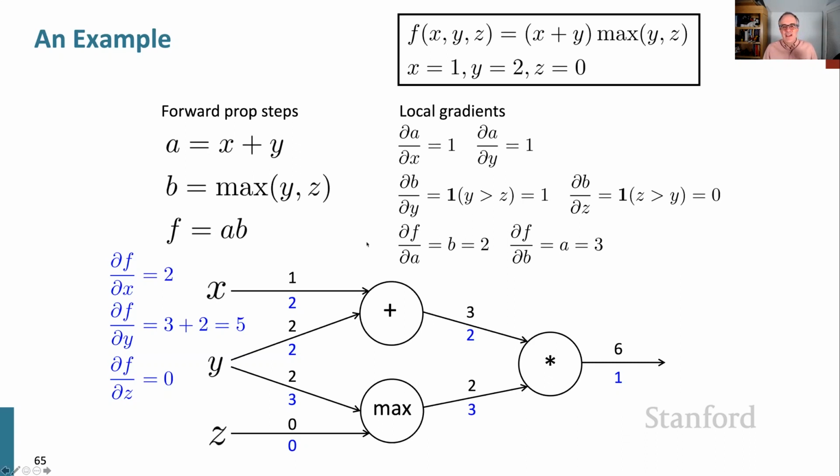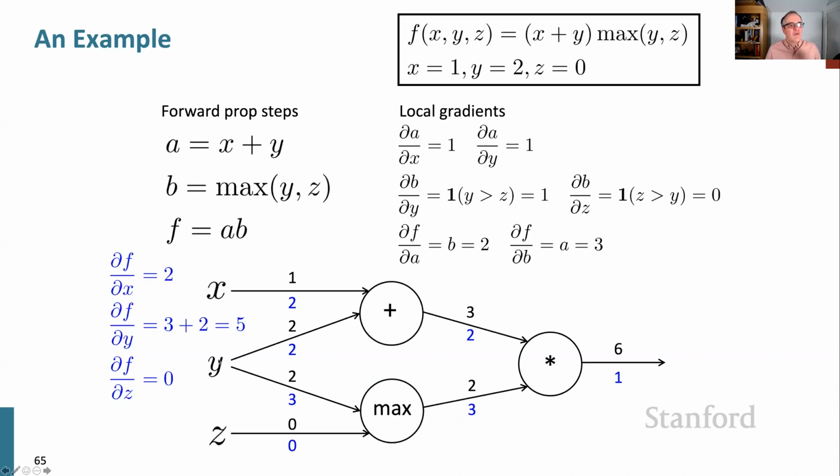If we make x 1.1, the max here is 2, and we get 1.1 plus 2 is 3.1. So we get 3.1 times 2, so that'd be about 6.2. So changing x by 0.1 has added 0.2 to the value of f.